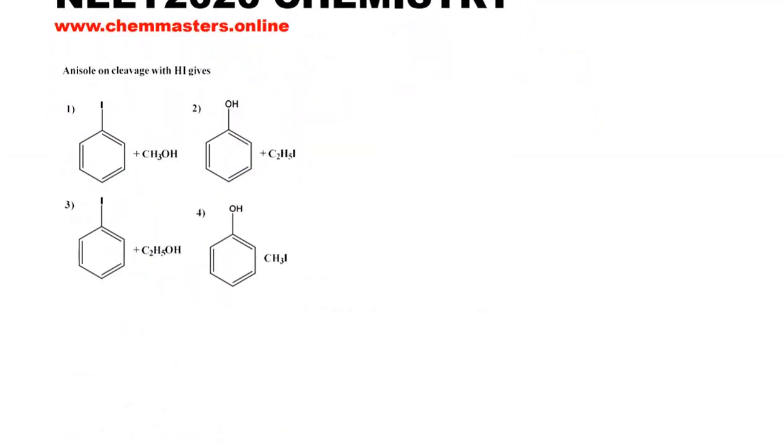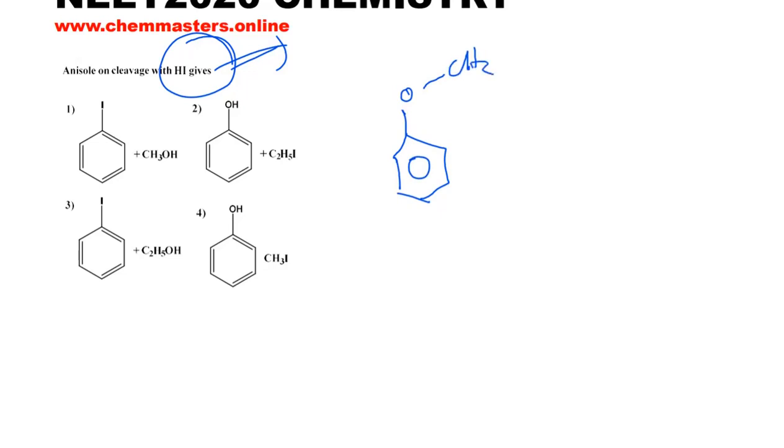Okay, right. The next question. Anisole on reaction with HI. The same kind of poll question is also given. Just check it. So anisole on cleavage. Now try to draw the anisole here. So this is anisole. Now when the lone pair of electrons on oxygen attacks the hydrogen of HI, the I minus is cleaved from it.